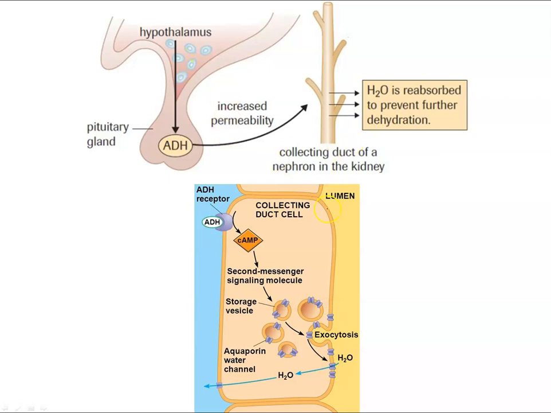And so, if I have a bunch of water in the lumen passing through the collecting duct and I need that water, the more aquaporins I put on the cell membrane, the more water can come in. This is my extracellular matrix. So now I have water here, and then that water can go back into systemic circulation.